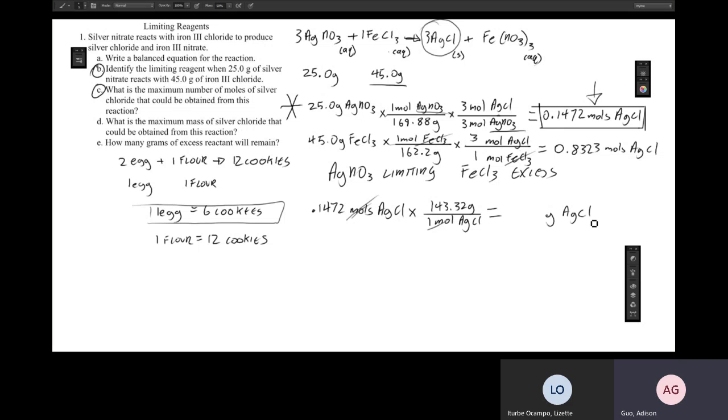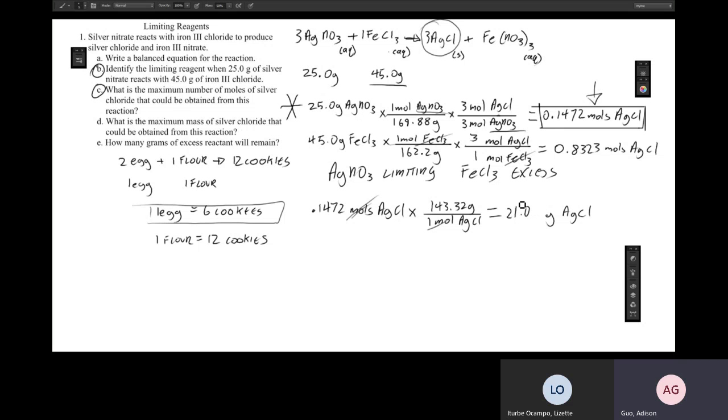So how many do we create? 0.1472 times 143.32. Looks like we end up making 21.09.